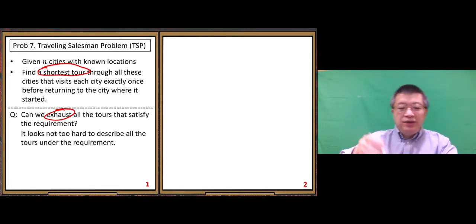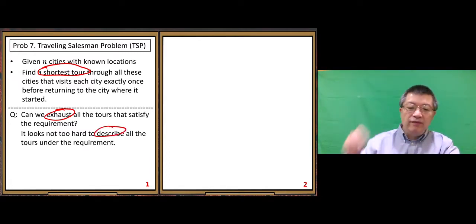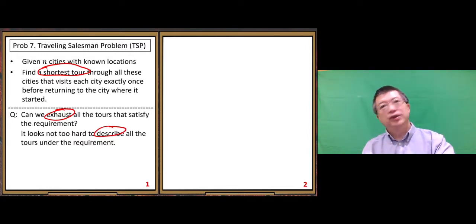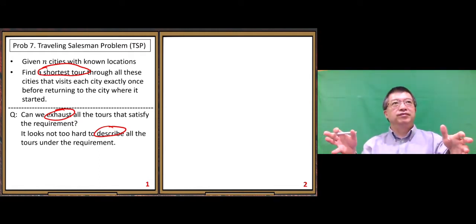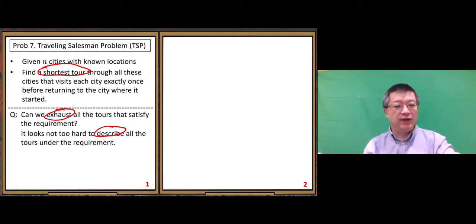The first thing, we need to describe those tours. So let's do it step by step to describe all the tours.